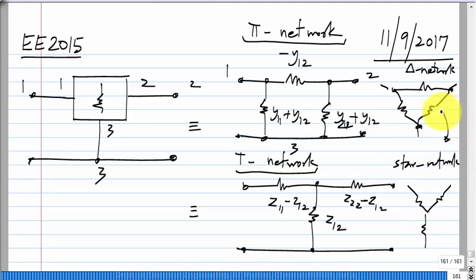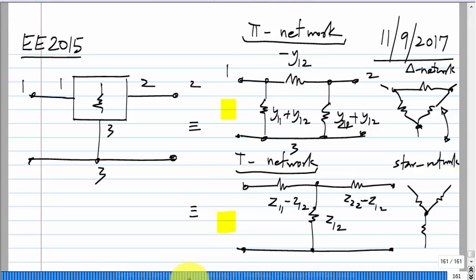And then you have these formulas which take you between star and delta networks. It's exactly the same thing. Whatever you need to translate between the y and z parameters, that's exactly what you will have. We'll take it up as an exercise a few minutes later. So, we can represent the same network either as a pi or a T.